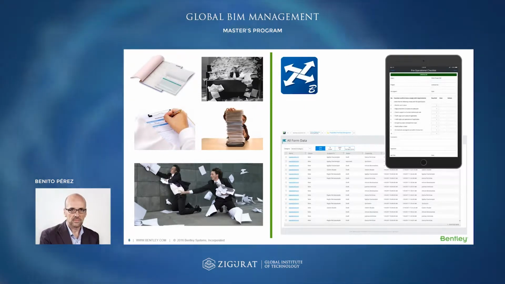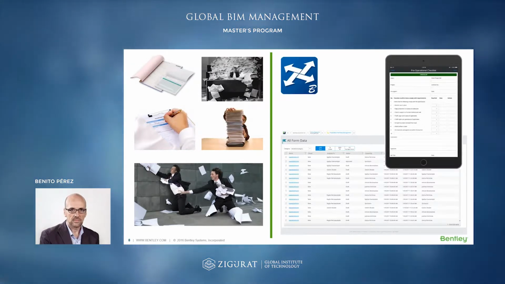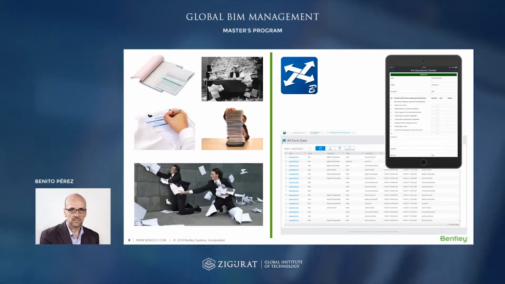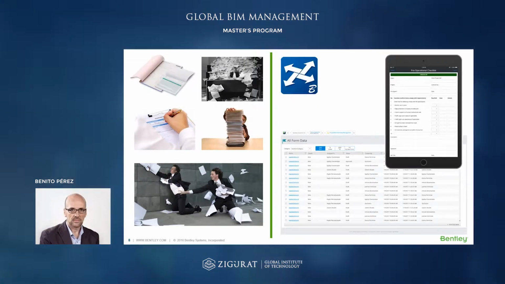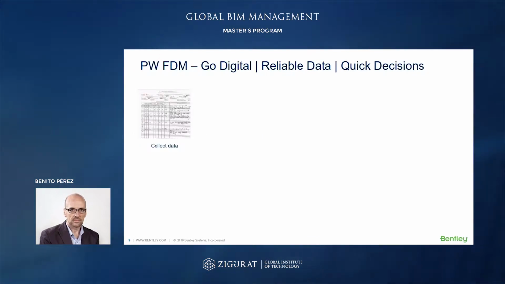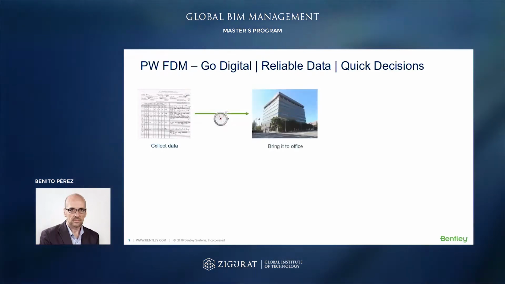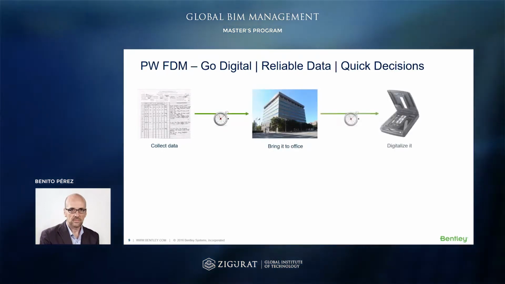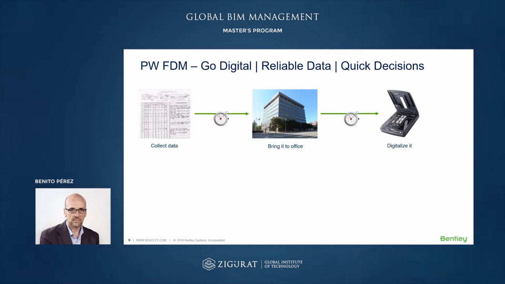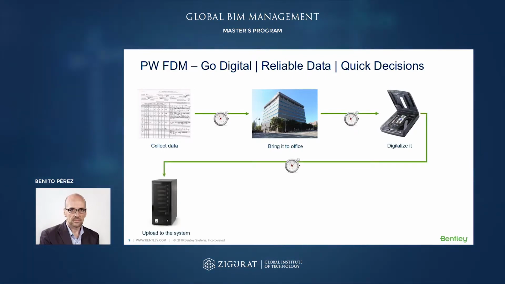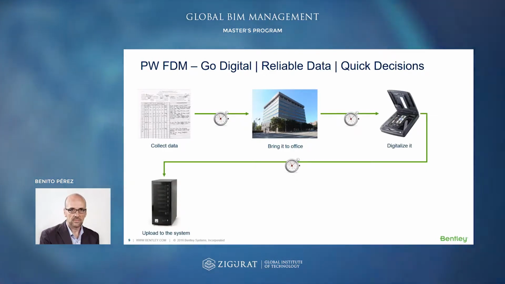The idea is that you will be able to identify your potential issues and react to them fast, and not wait for a long process to take place and finish. Usually, the common workflow is to go with paper to the field, fill in that information, bring it to the office, scan or digitalize it, then upload that to a server where somebody will look for that information.